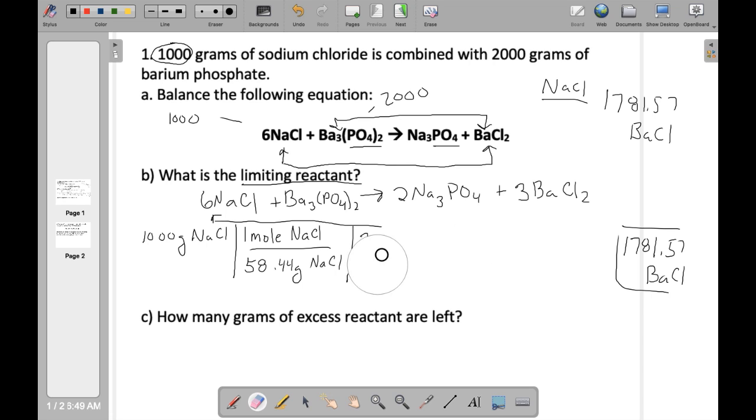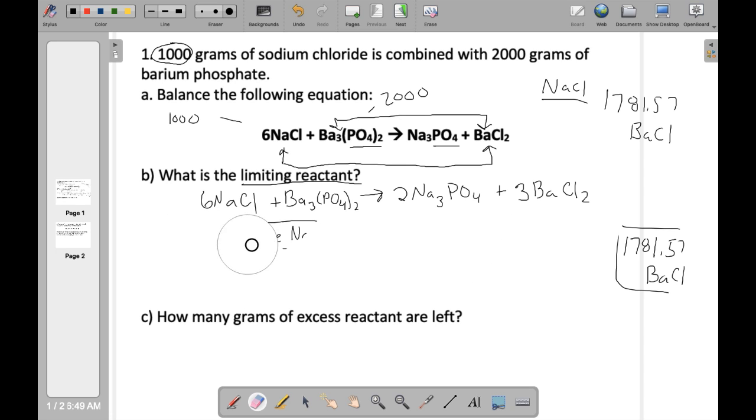Get some space here. Let's go to 2,000 grams of barium phosphate. I will convert to moles. 1 mole of barium phosphate. Isn't this fun writing this whole thing out every time?